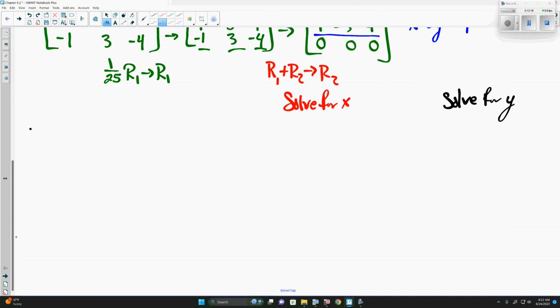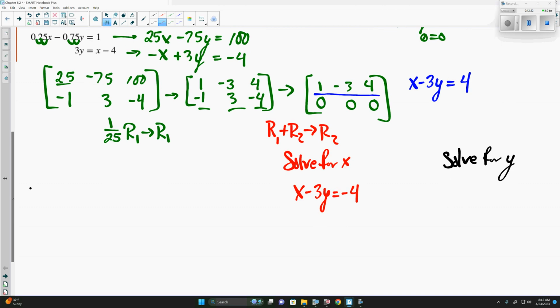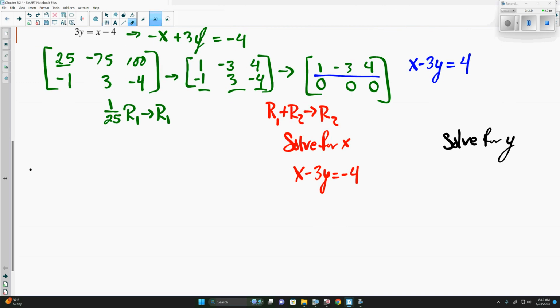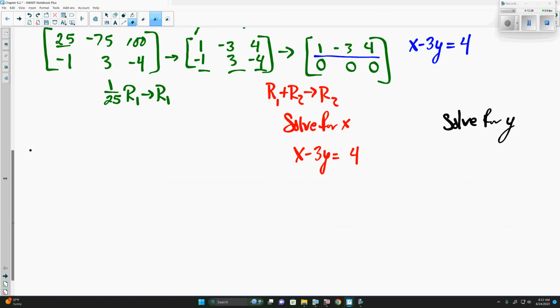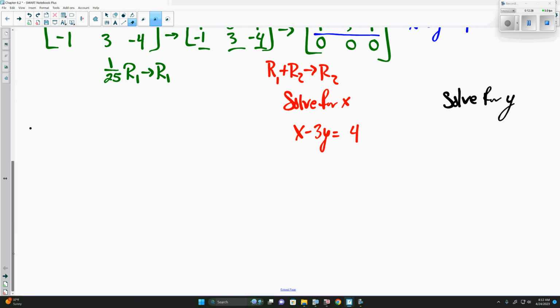And what this means is that we have x minus 3y is equal to, make sure, nope, positive 4. Solve for x, I just want to get x by itself. So the first thing we can do is add 3y to both sides, telling me x is equal to 3y plus 4. Yes?